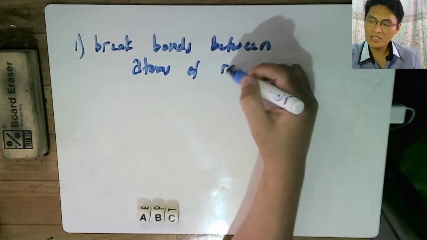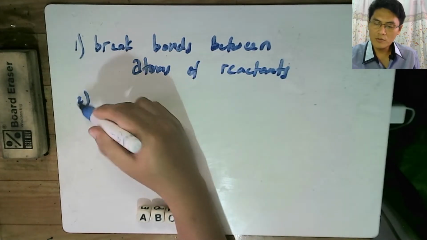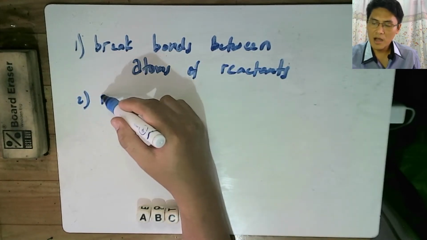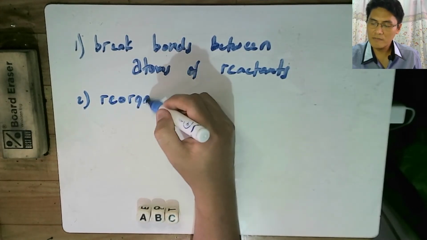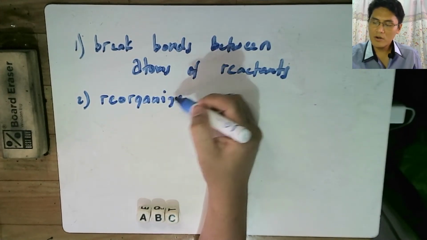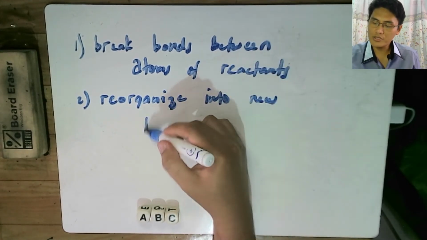Right? So the bonds of the reactants must break. Number two, there must be reorganization. Reorganize into new proportions.